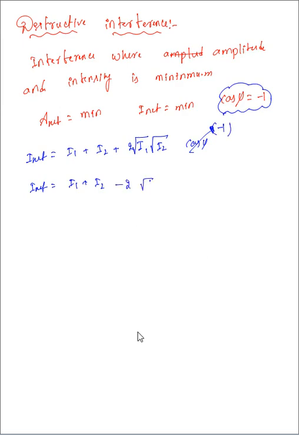This becomes I net equals I1 minus I2 whole square, with square roots on both, that is, under root of I1 minus under root of I2 whole square. If you expand that, you will get the same answer again. This is the minimum, I minima.